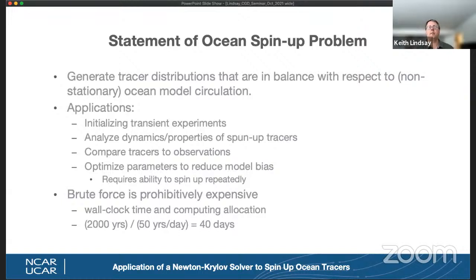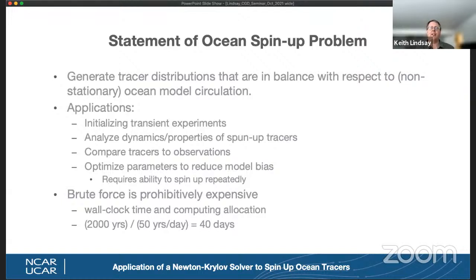Note that this is an ocean model circulation that is time varying. So you have a seasonal cycle of mixed layer depths, you have a seasonal cycle of circulation, and you also have high frequency variability of circulation throughout the range of the ocean model.